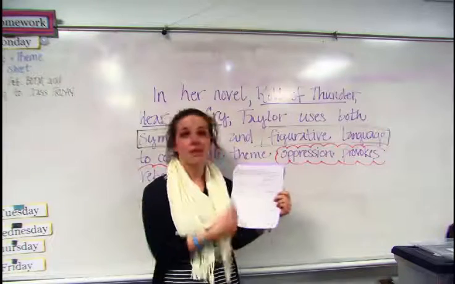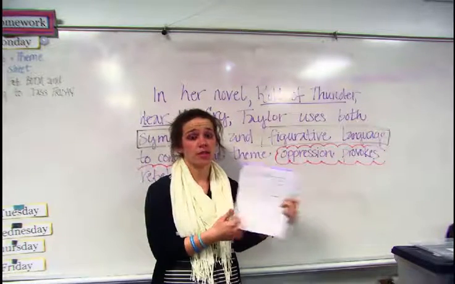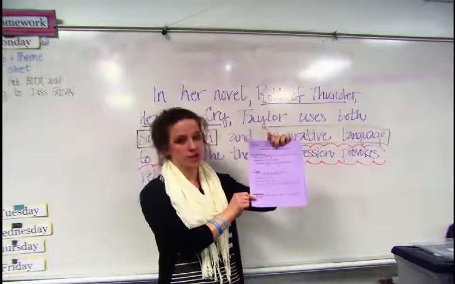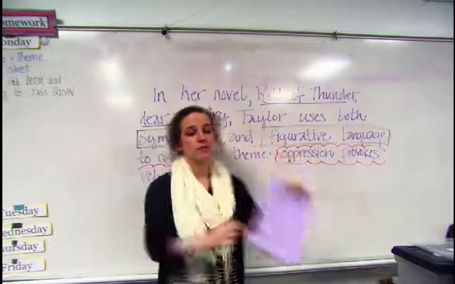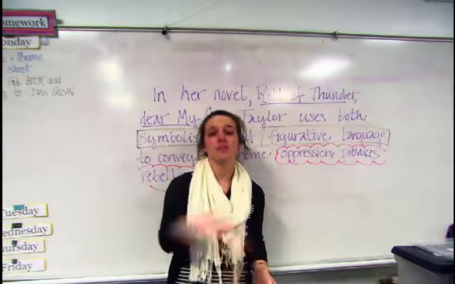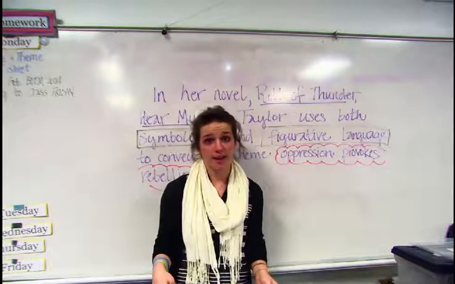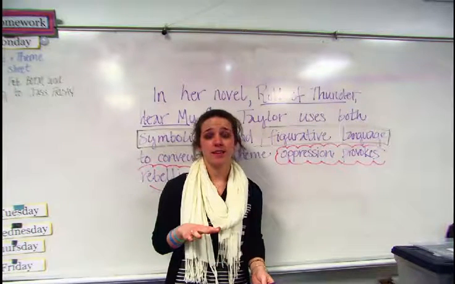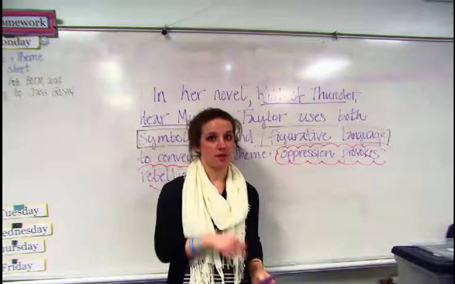But then your other lit device, if you're using figurative language, has to be either symbolism or foreshadowing. So folks, your main goal today is to figure out the theme that you think you can discuss from the book and start looking for and noting the literary devices that support that theme.